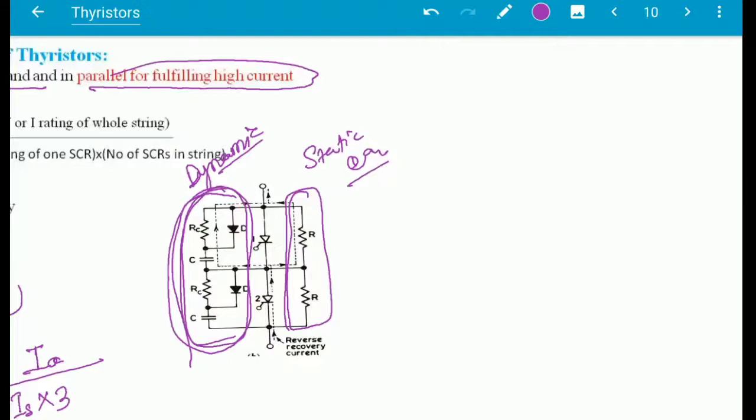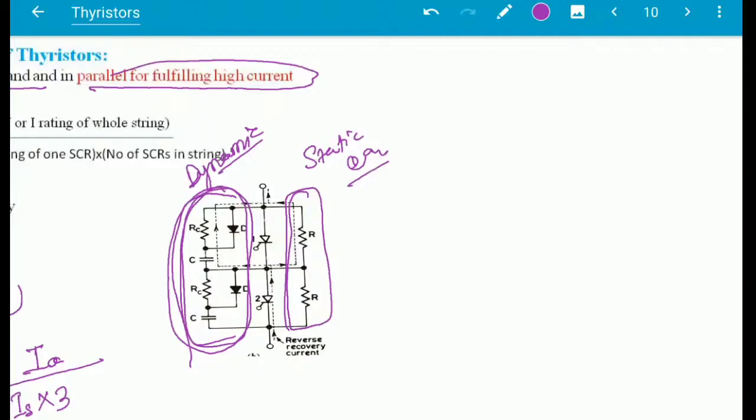And in case of parallel operation and VI characteristic, all the thyristors must be identical for equal sharing of the current. Next, for satisfactory operation of SCRs, they must get turned on at the same time. And the last one: the minimum forward voltage for a gate drive below which an SCR cannot be turned on is called finger voltage, and all SCRs should be operated at the same temperature.